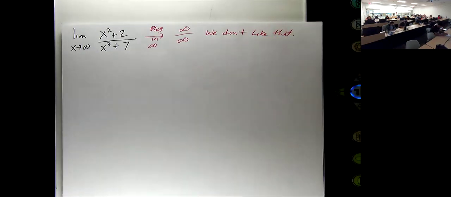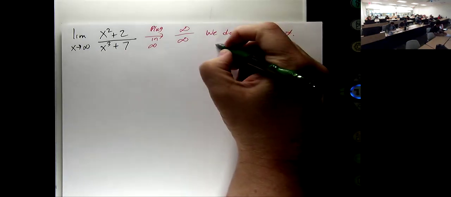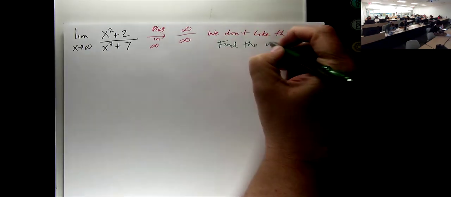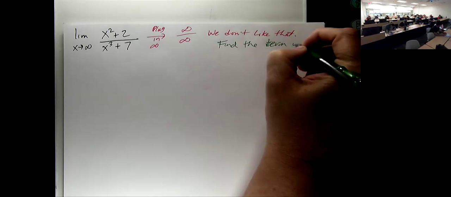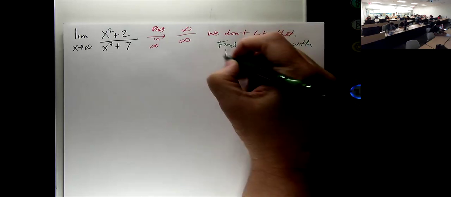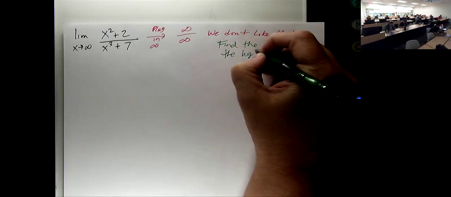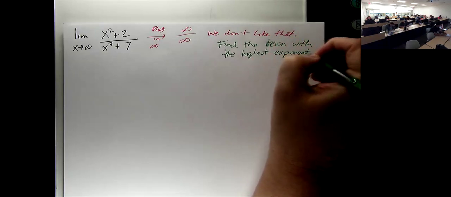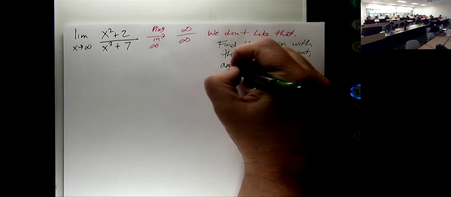And we haven't learned a great rule we'll use later on. So something we can do is find the term with the highest exponent and divide top and bottom by it.